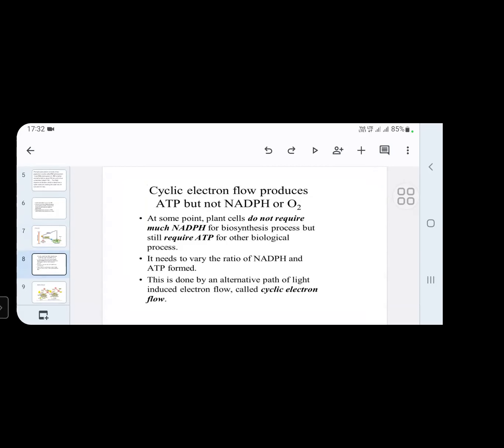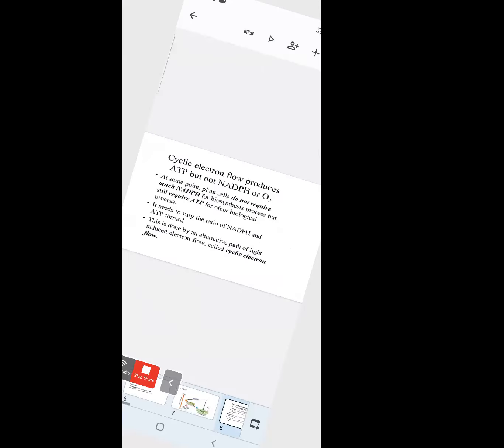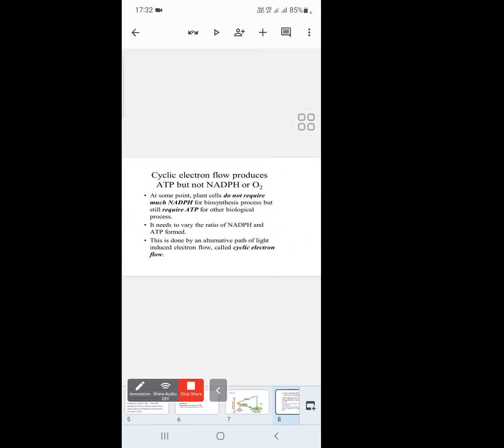This is done by an alternative path of light-induced electron flow, the electron transport system, which is called cyclic electron flow. On completion of the cyclic transport we get some ATPs.